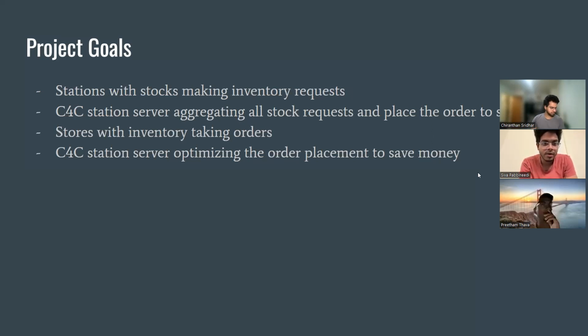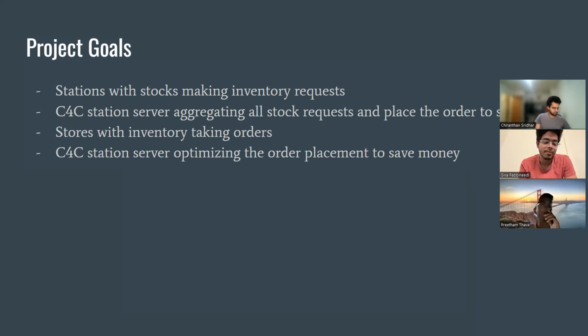Like I was saying before, we have to represent the stations and their stocks in some format, and give stations the ability to make inventory requests. The C4C station server aggregates all of the stock requests that it gets in a day and places the order to the grocery stores.